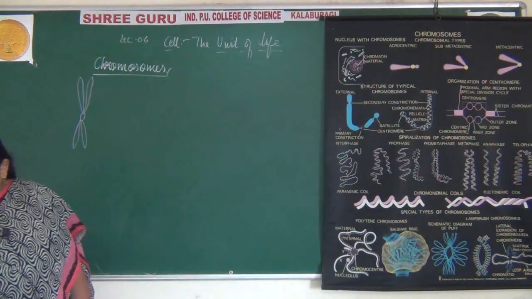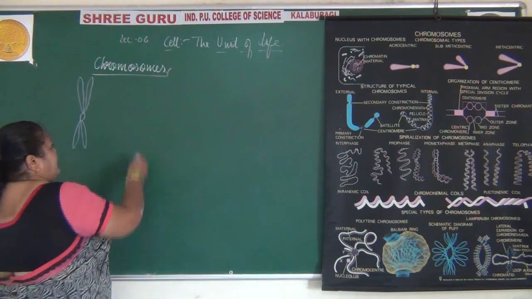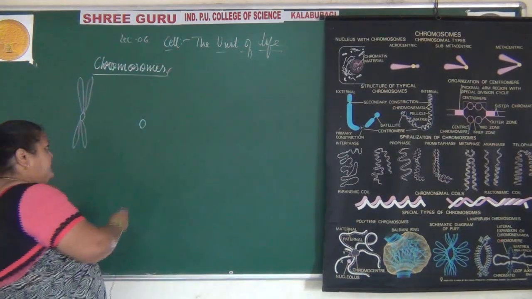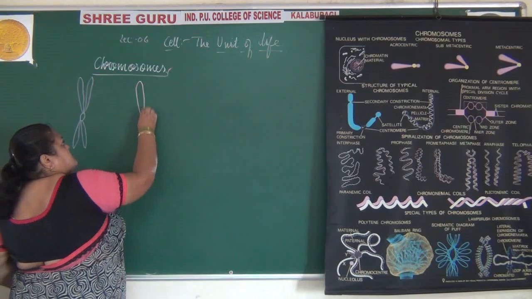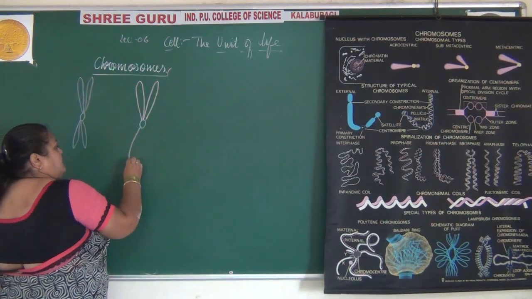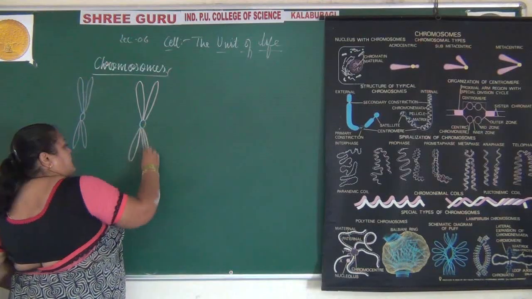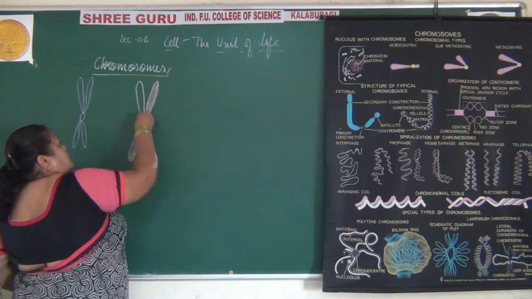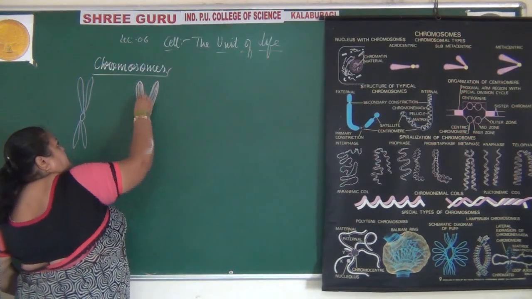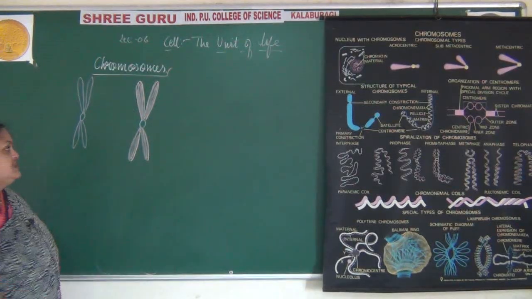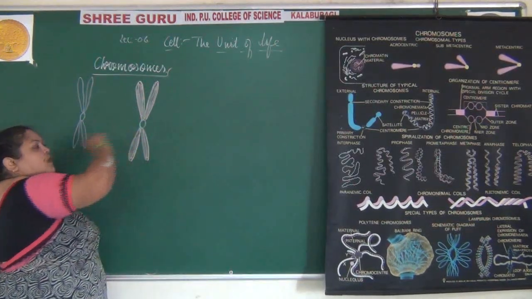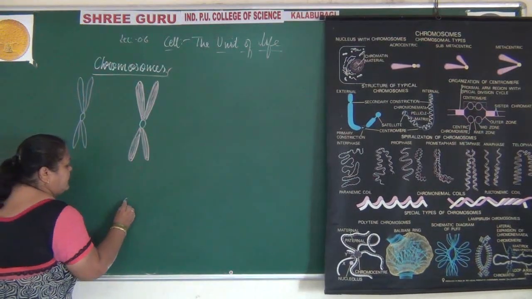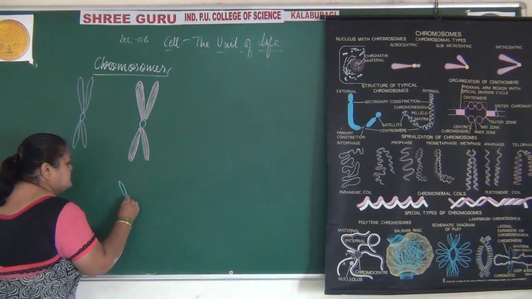If the centromere is exactly at the center and the 2 arms, that is the chromatids, are equal in length, usually we see this type of chromosome as V-shaped.